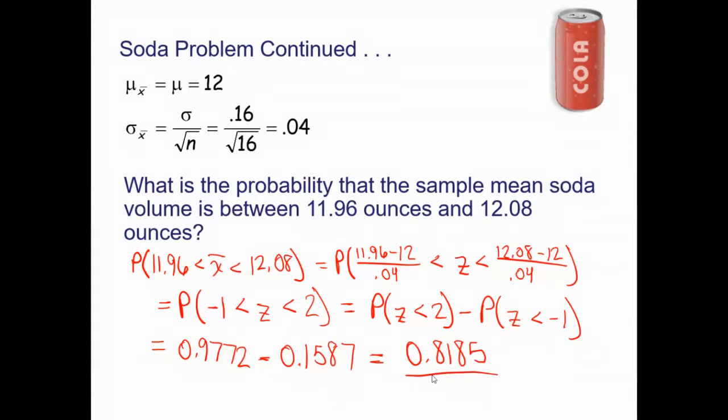Like, probability can't be bigger than 1. That should have been a red flag that that answer is not right. Okay, anyway, let's get through this last example.